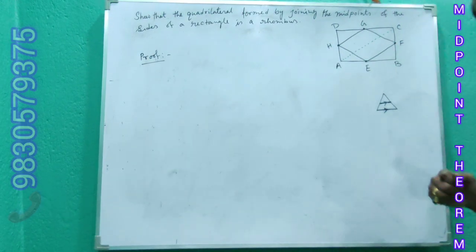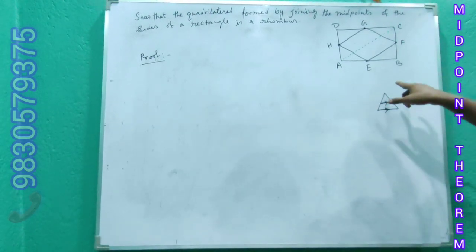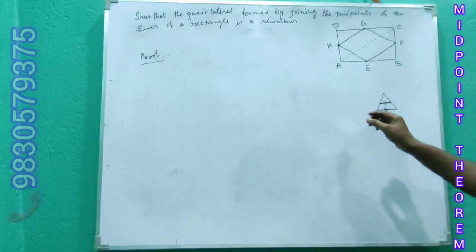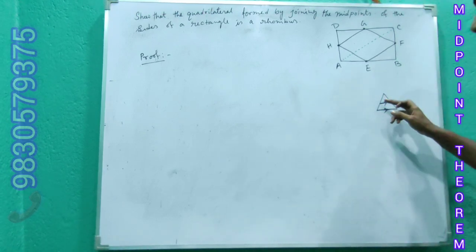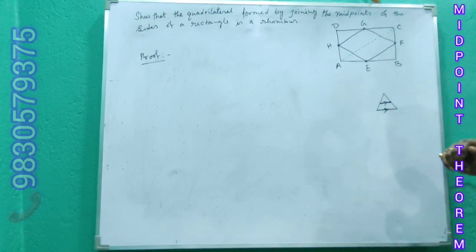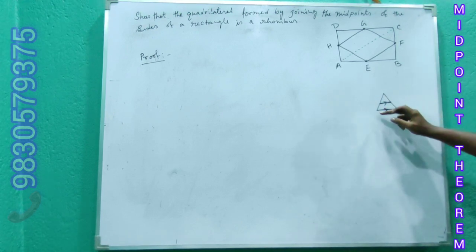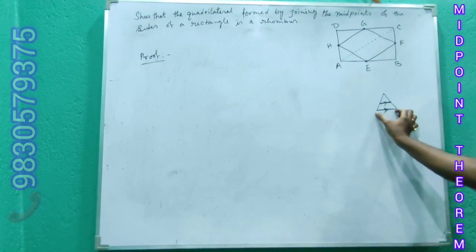Midpoint theorem says that if the midpoints of two sides of a triangle are joined, the joining line segment is parallel to the third side and is equal to half of the third side. This line is half of this.